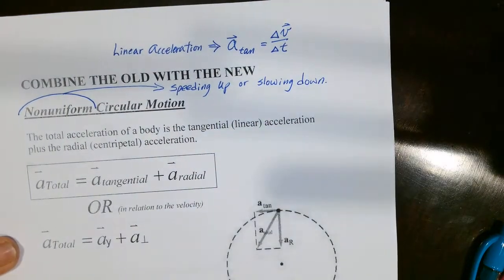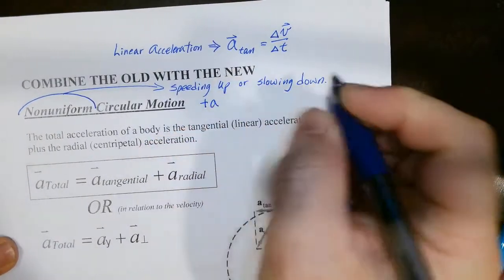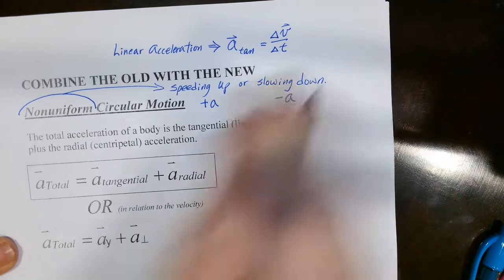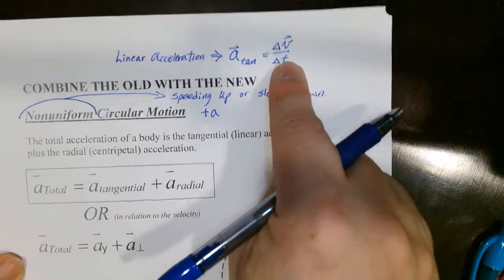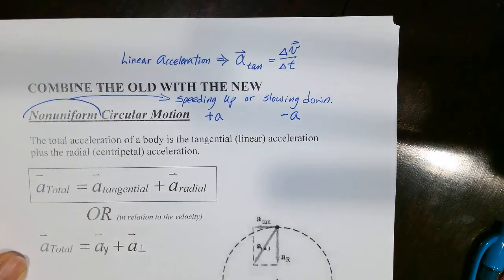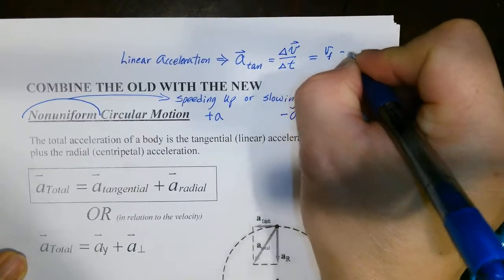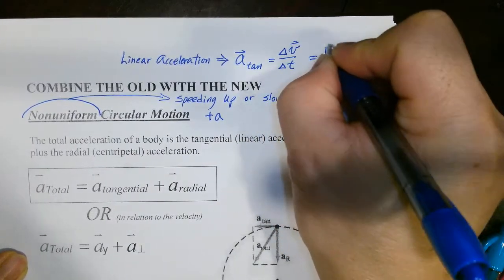Okay? If it's speeding up, you would have positive acceleration. If it's slowing down, negative acceleration. Okay? Just like we did in chapter 2. Okay? And that, of course, is Vf minus Vi over change in time.